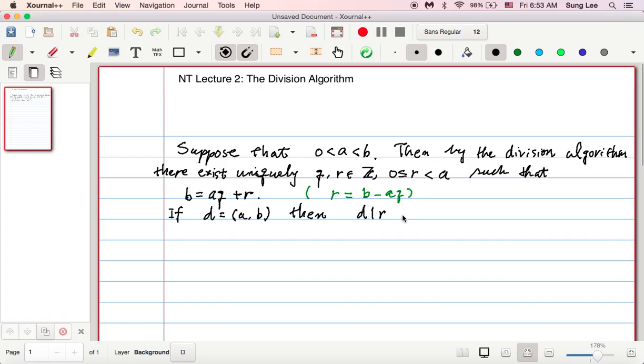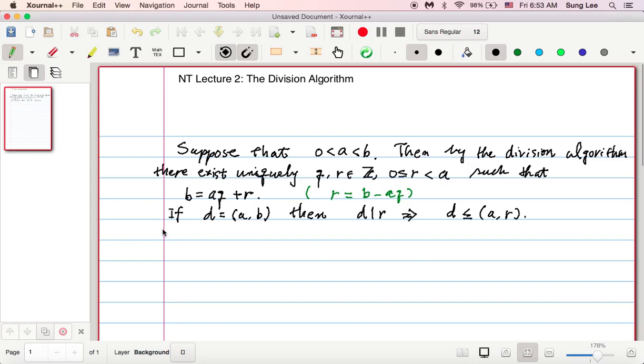So the greatest common divisor of a and r is the largest of all common divisors of a and r. So obviously, d is less than or equal to the GCD of a and r.